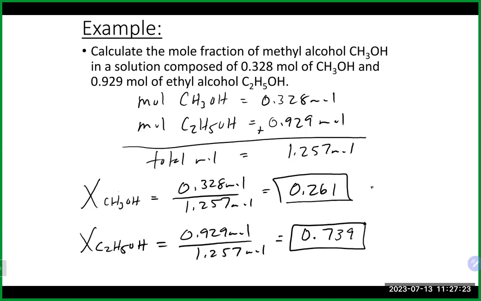By the way, because these were the only two things here, I could have taken 1 minus the mole fraction of methanol, like taking 100% minus it, and you would get the mole fraction of ethanol. So mole fraction, we will see in the next chapter with gases. We will also see it towards the end when we talk about colligative properties with molality.